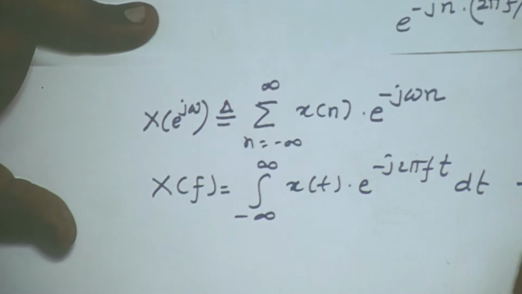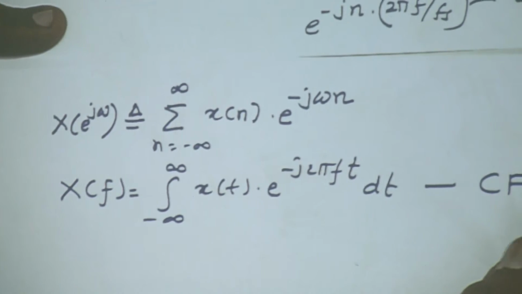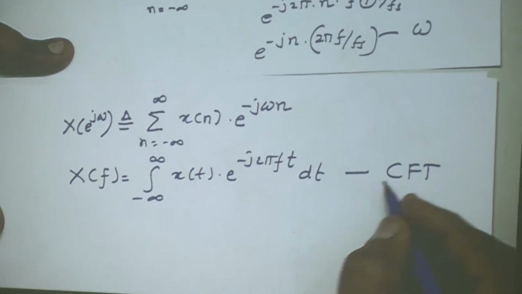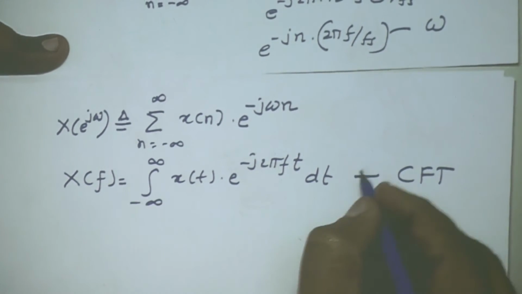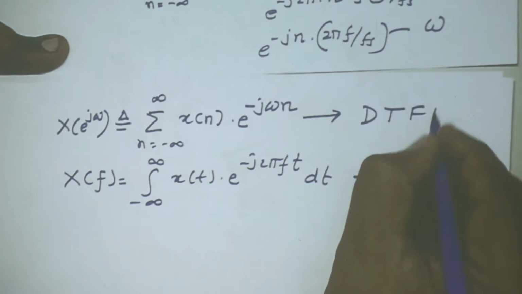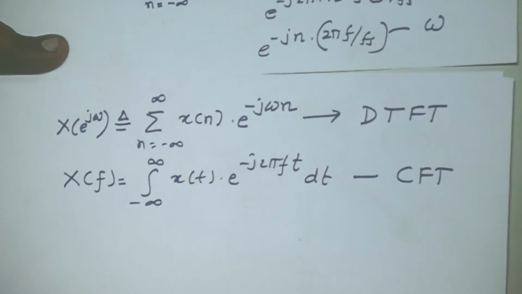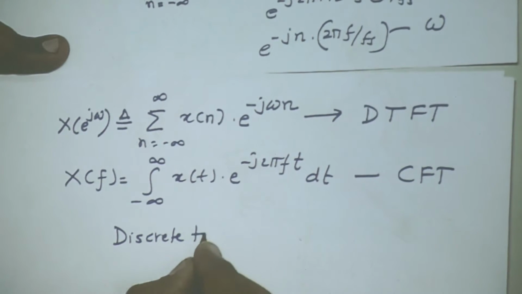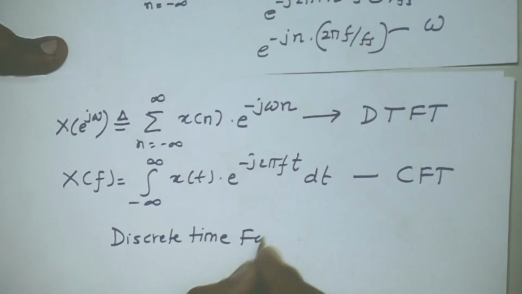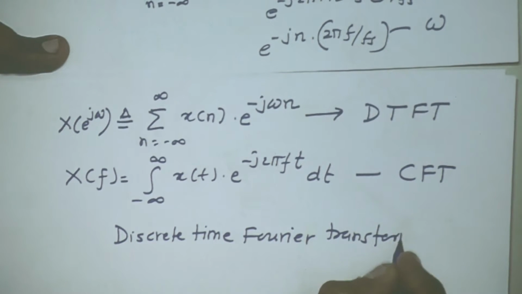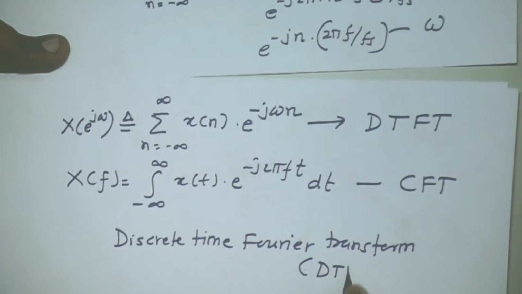This is what is known as CFT, the continuous Fourier transform. By using the sampling theorem, this equation was converted to this equation, which is called the Discrete-Time Fourier transform, also known as DTFT.